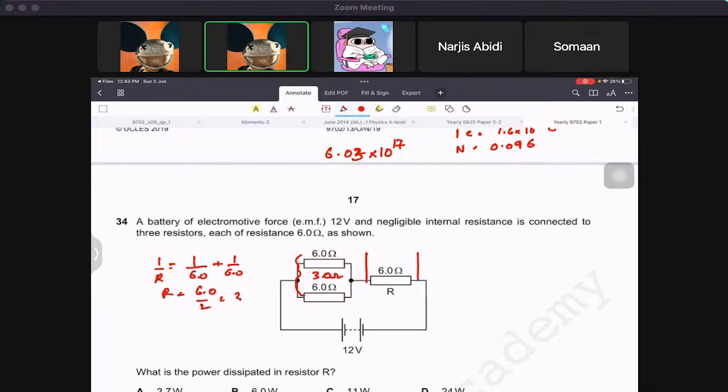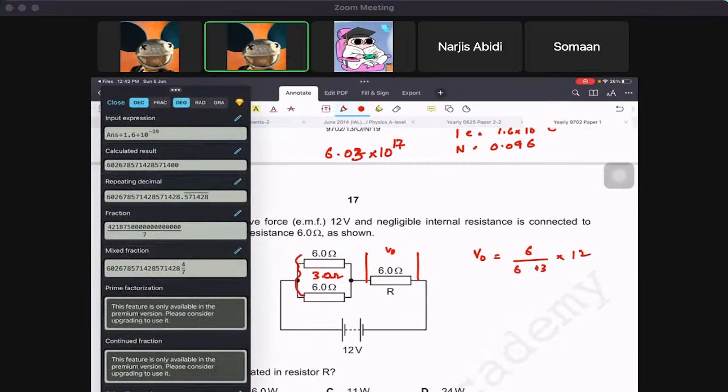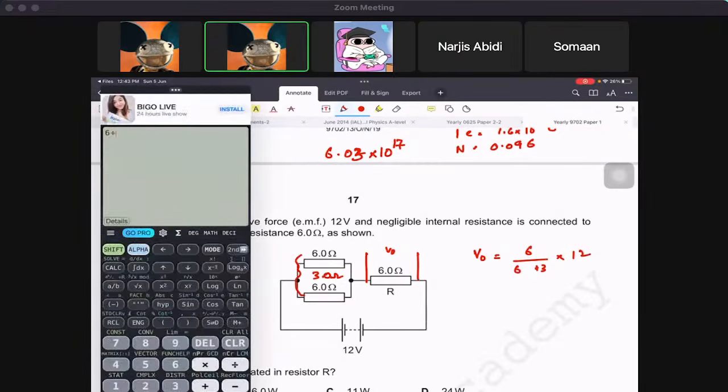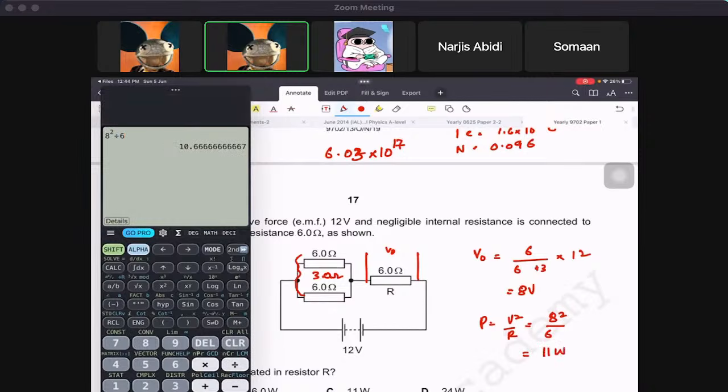So voltage out equals 6 over 6 plus 3 times 12. So 6/9 times 12 is 8 volts. So this gets 8 volts. Power is V squared over R. So 8 squared over 6. So that would be 11 right here.